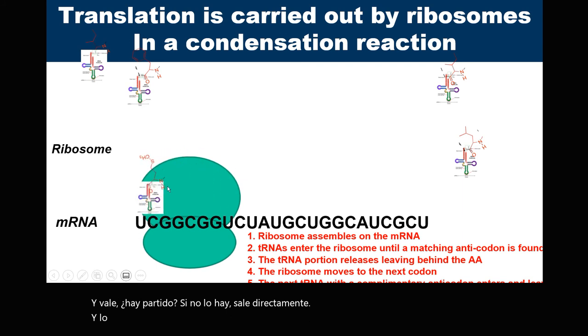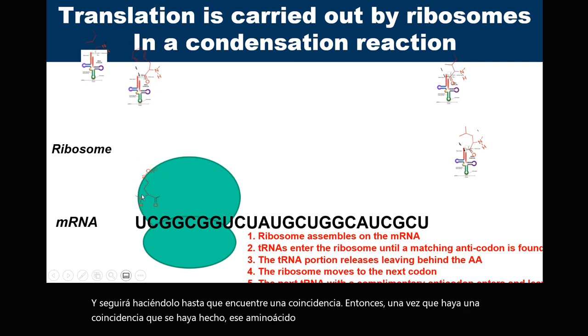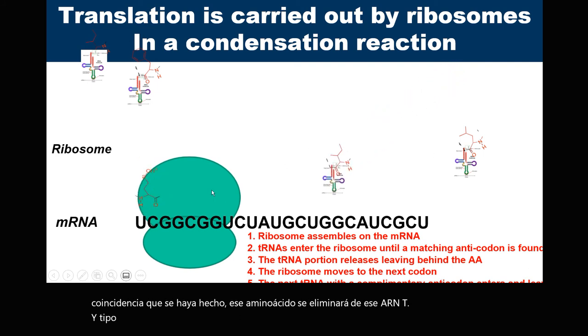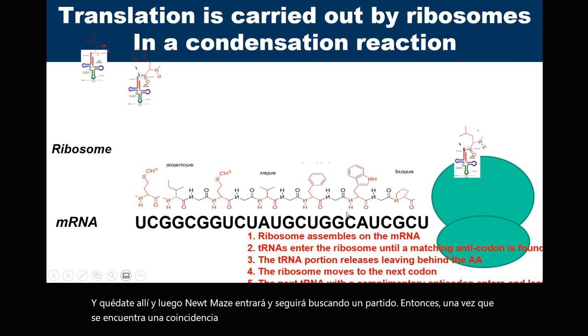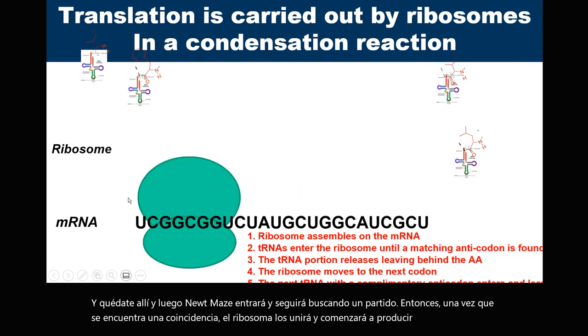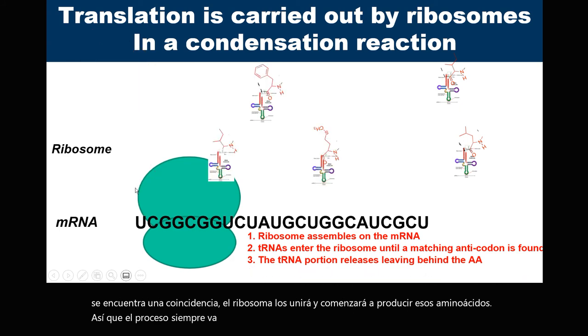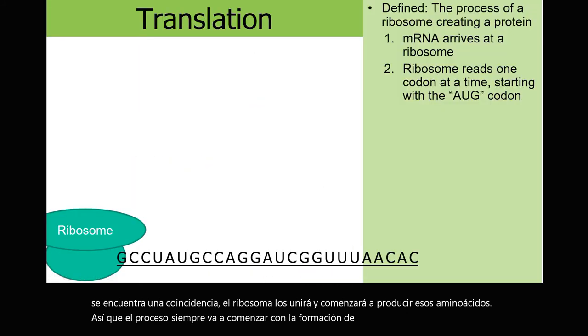Once there's a match that's made, that amino acid will get removed from that tRNA and kind of stay there, and then new tRNAs will come in and keep looking for a match. Once a match is found, the ribosome will link those together and start to make that amino acid. So the process is always going to start with that ribosome forming on that mRNA. First, it actually comes in two parts.